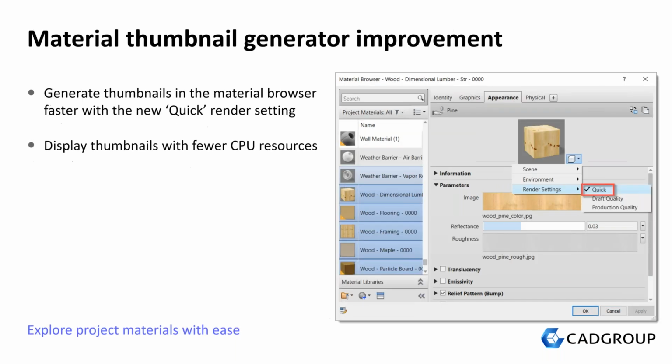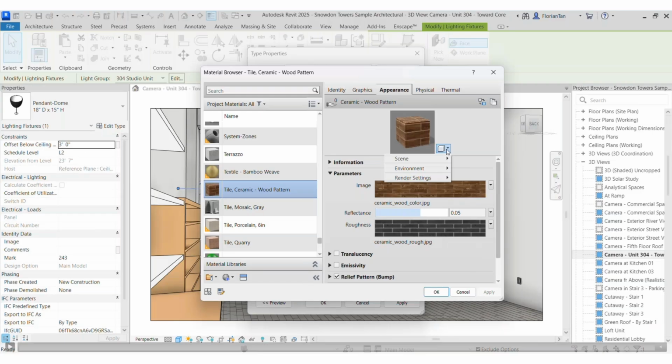Material thumbnail generator improvement. There is now a quick setting for rendering. People who do not have a good graphics card on their machine will not take long to review materials. So we will now demonstrate how render settings can be viewed quickly, draft quality and production quality.